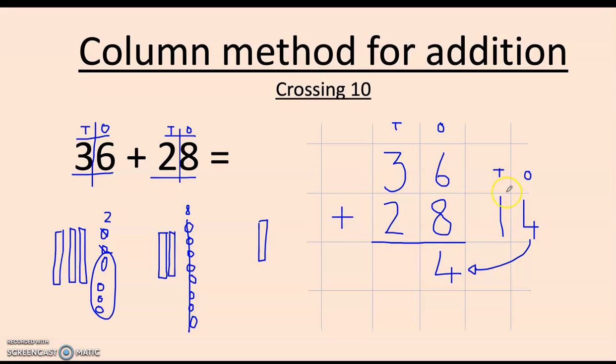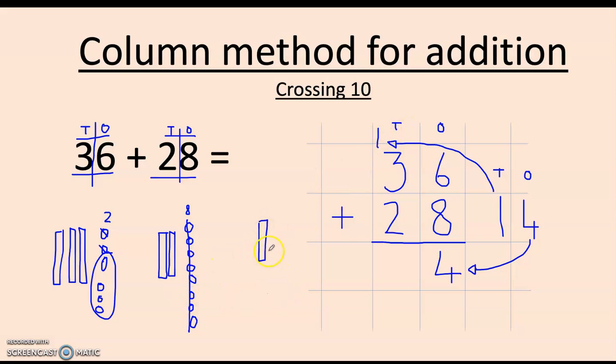But I don't want to put my 1 ten down here, because I still need to add on the other tens I have. So I put this 10, and I actually add it just up here, to remind myself to add it into this one here. How many tens have I got now?